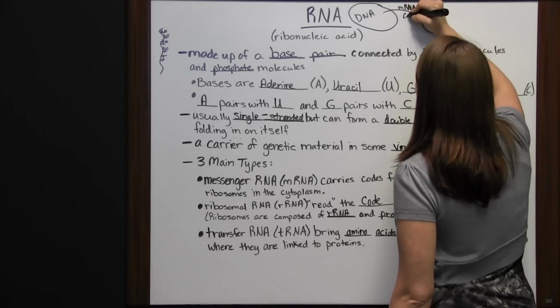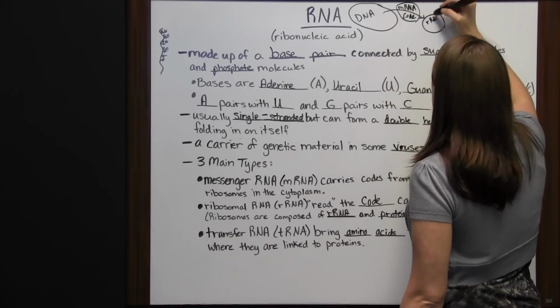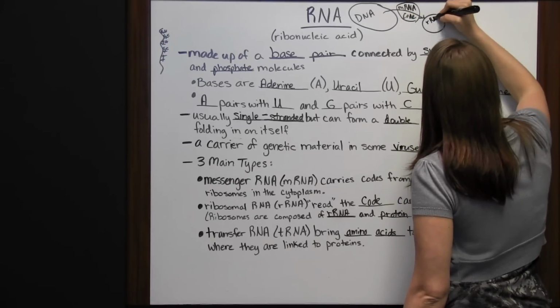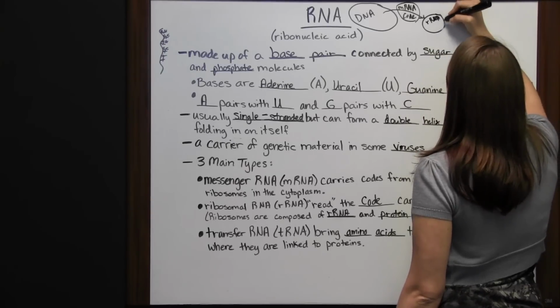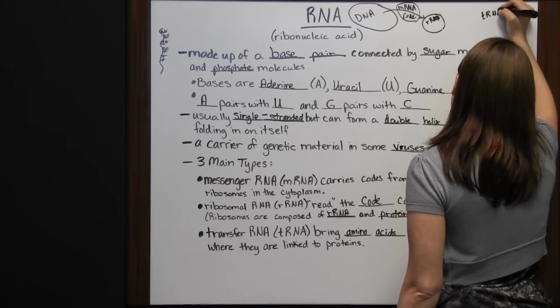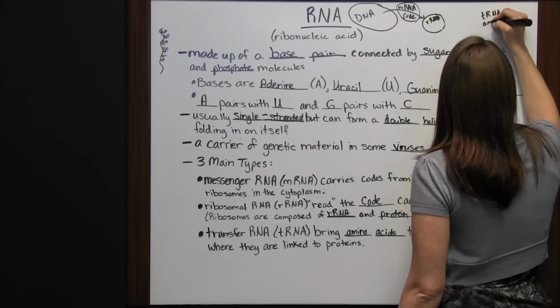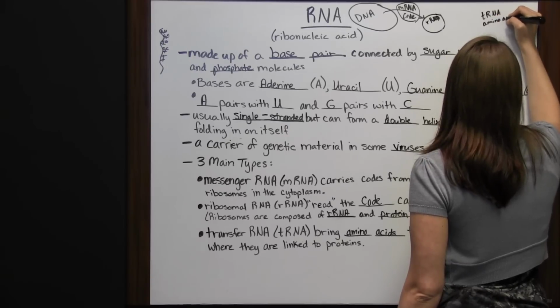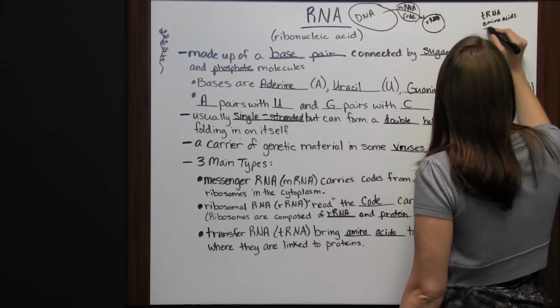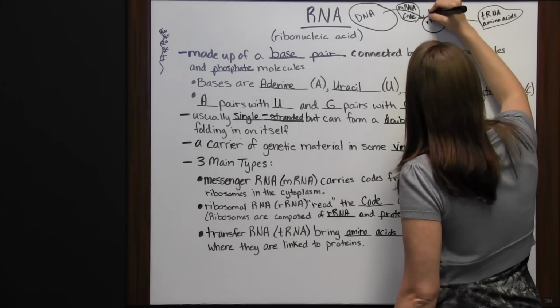So it's going to send that code along, and it's going to come into the ribosomal RNA. And then you've got transfer RNA out here, and it's going to bring amino acids into the ribosome.